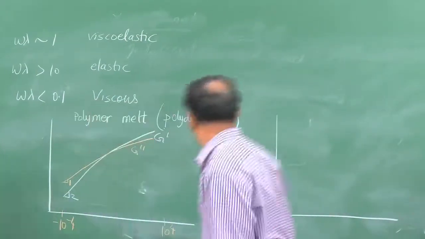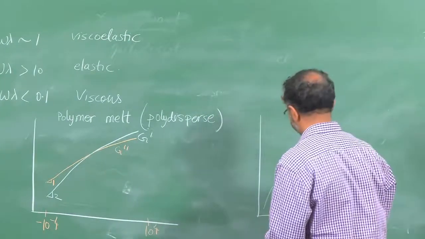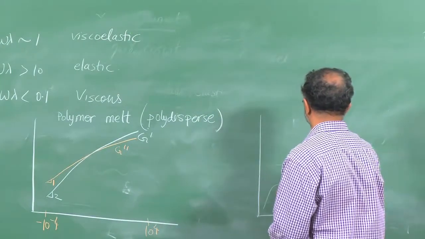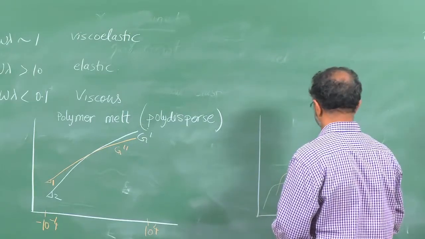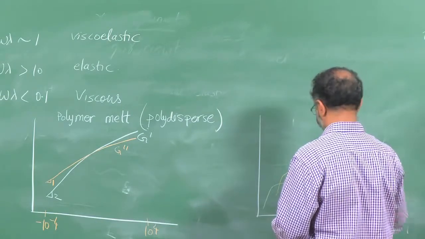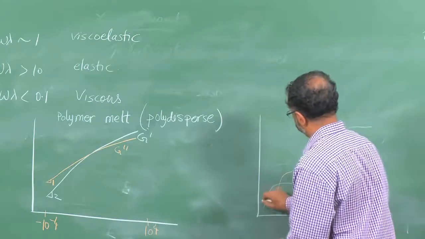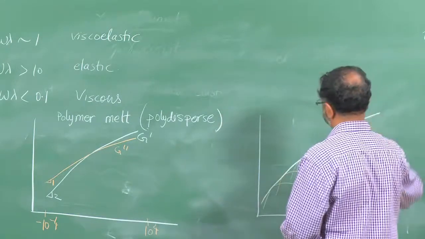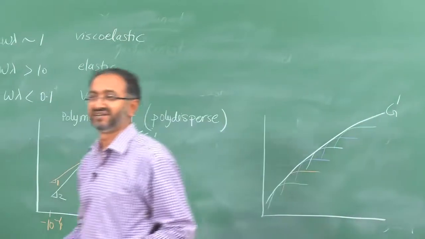where we say that we will have a collection of Maxwell model responses, and if I sum all of them up, I will get my overall G prime, right. Can you visualize that?